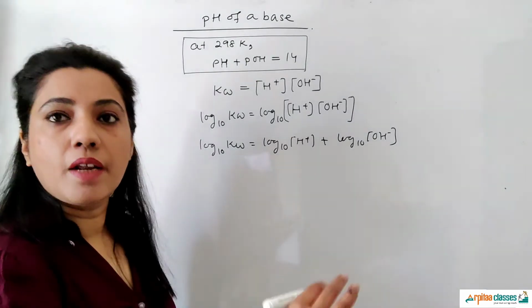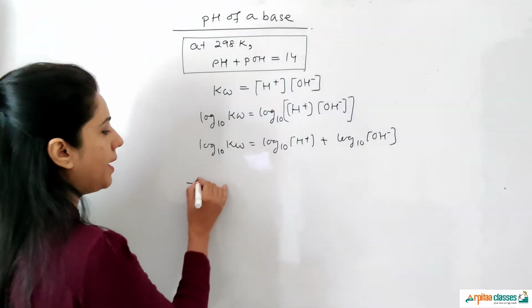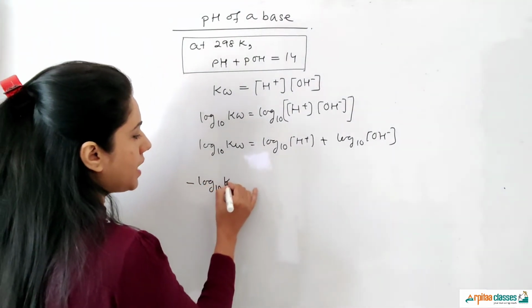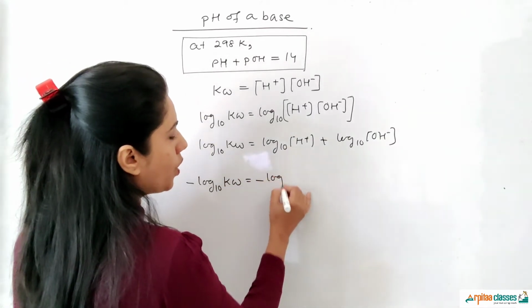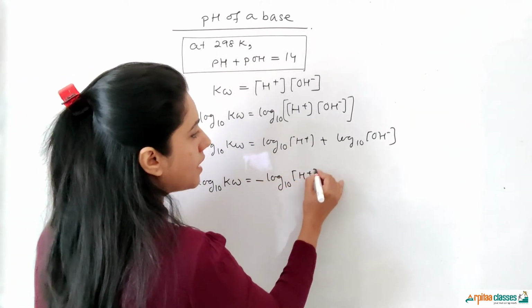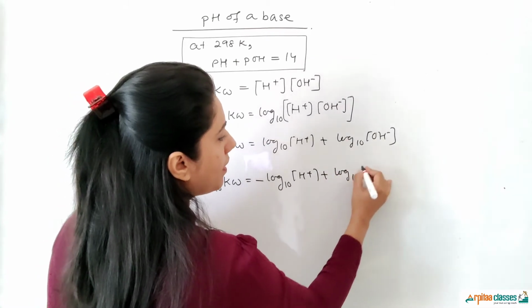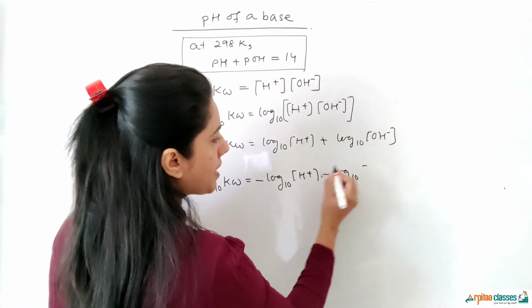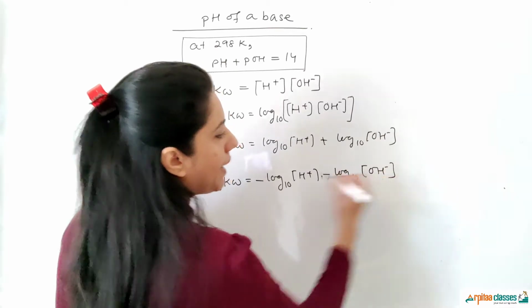Now take the negative sign everywhere, so multiply by a negative sign. Minus log to the base 10 Kw is equal to minus log to the base 10 H plus minus log to the base 10 OH minus. We are multiplying by the minus sign.